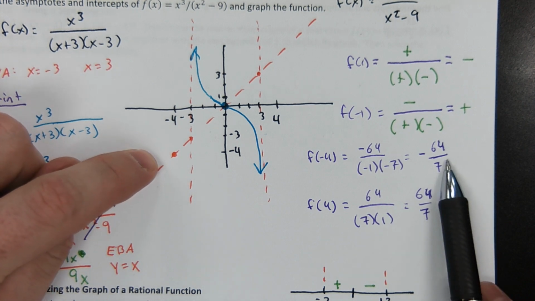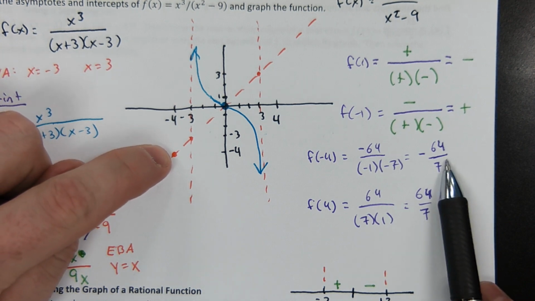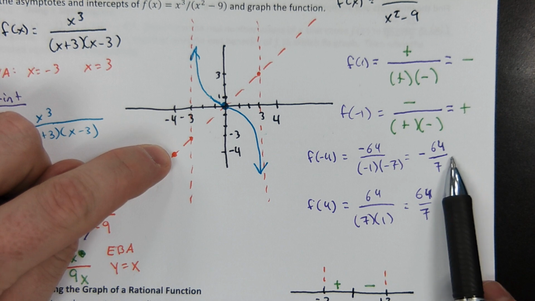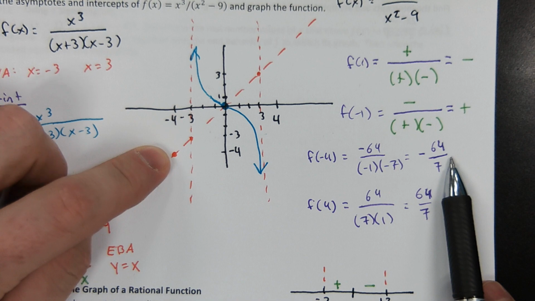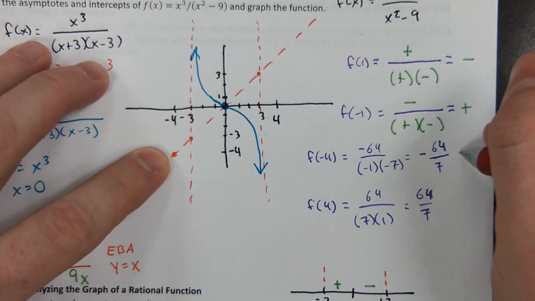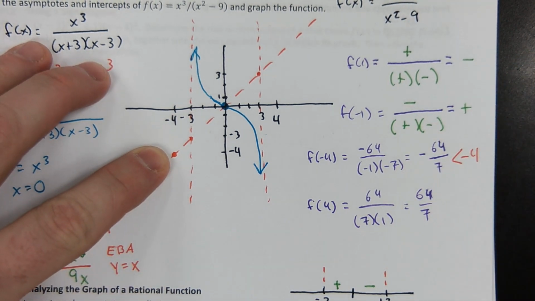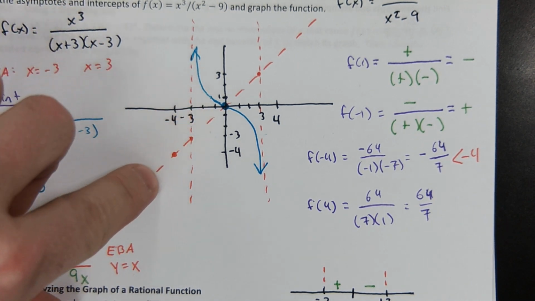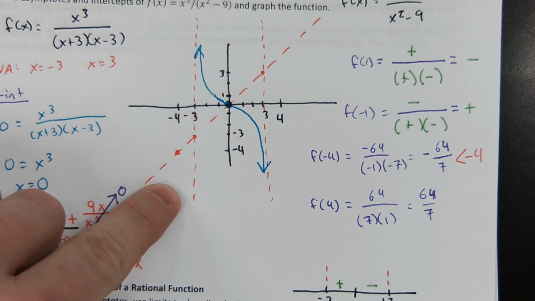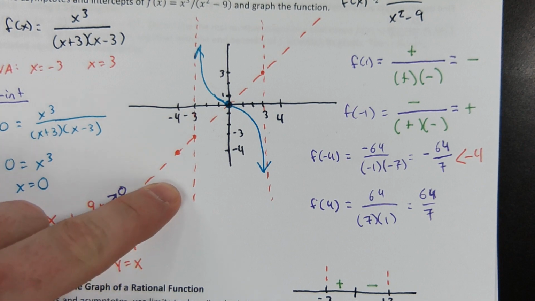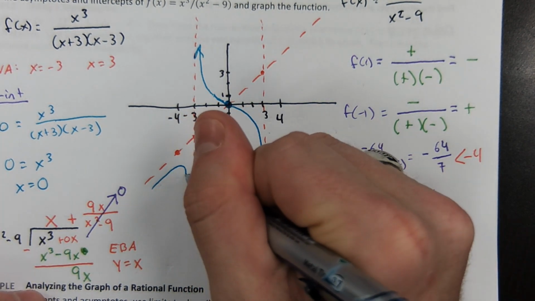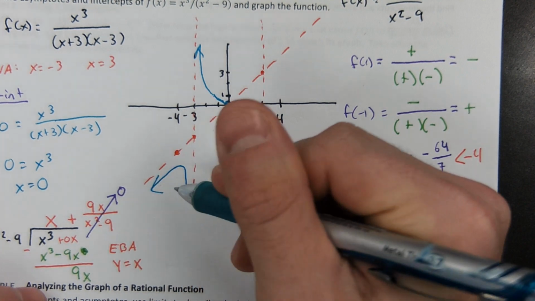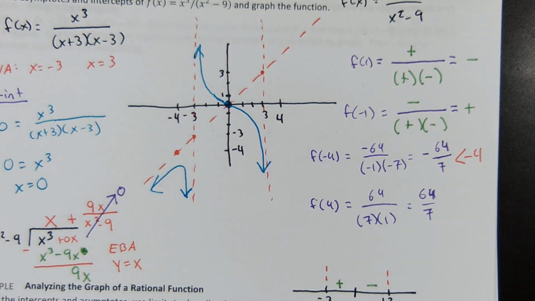This number, is it above y equals negative 4, or is it below y equals negative 4? It's below it. That is why the blue curve is underneath the slant asymptote here in this little triangular zone. And it has to get infinitely close to both lines.